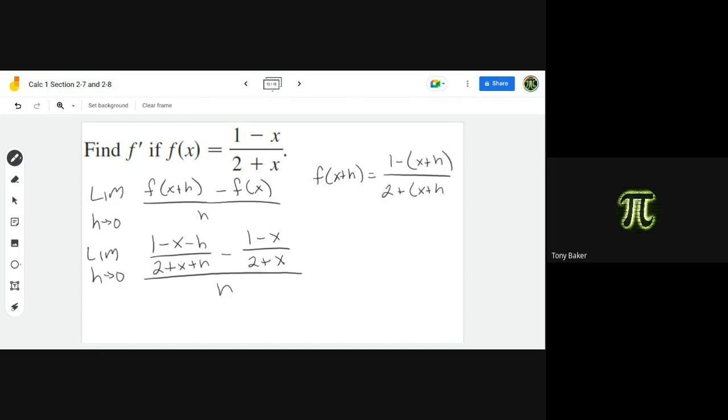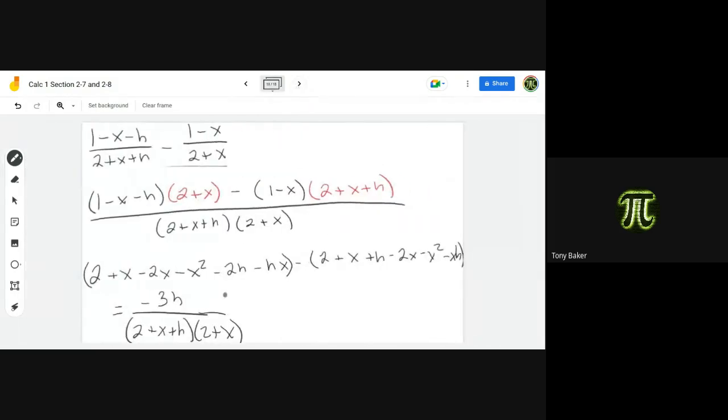Common denominator. So multiplying the first one by 2 plus x, the second one by 2 plus x plus h. Boil it all out.